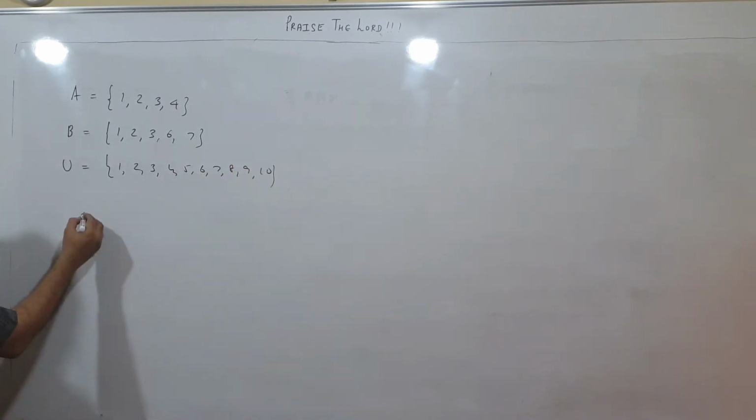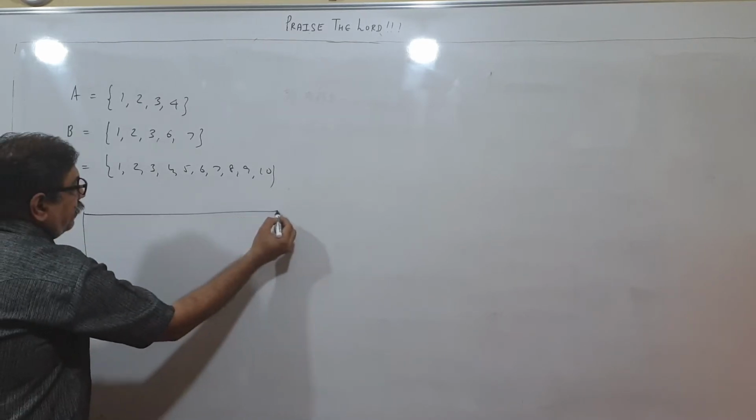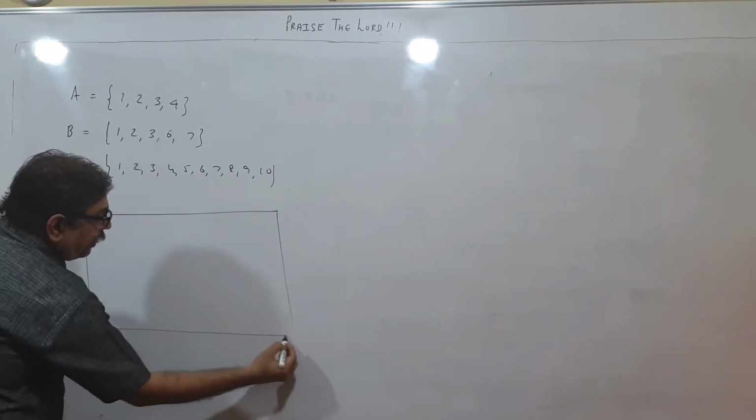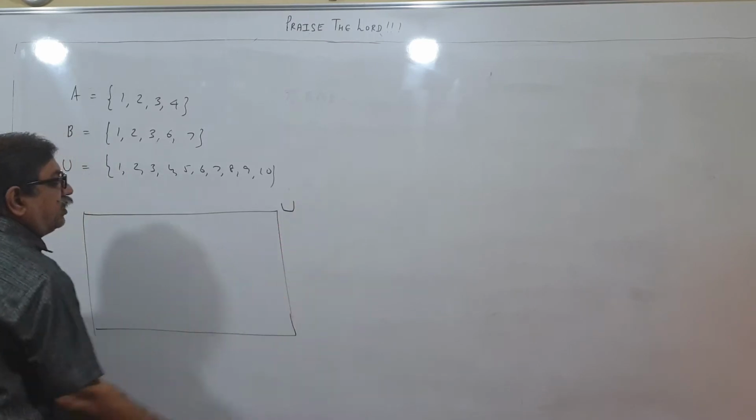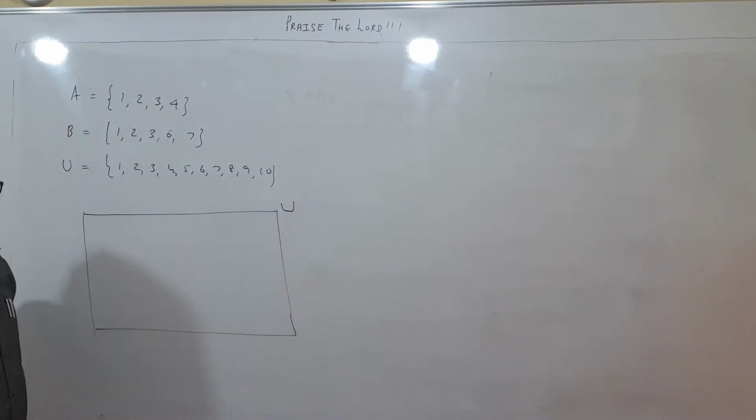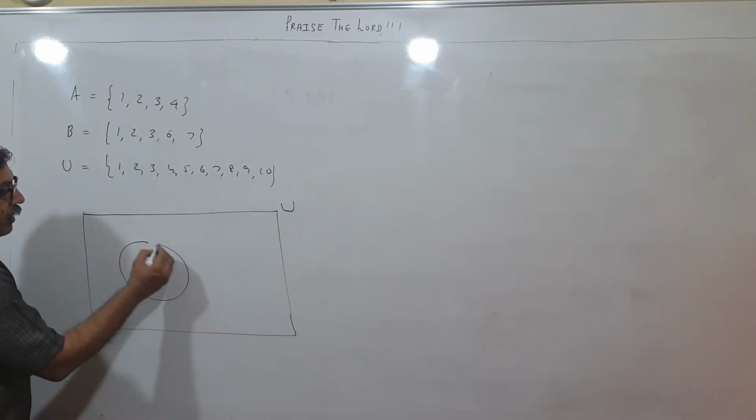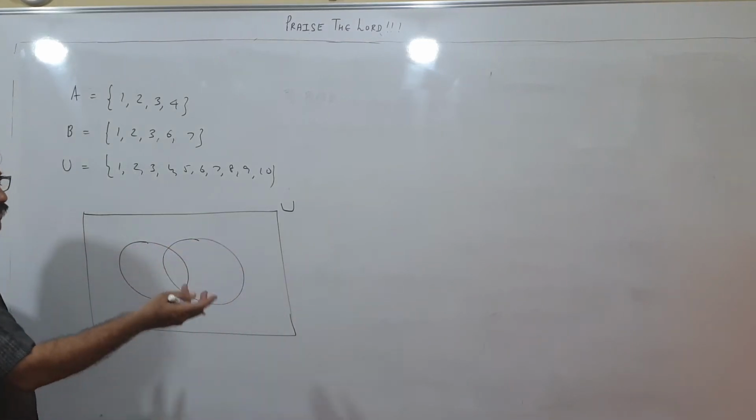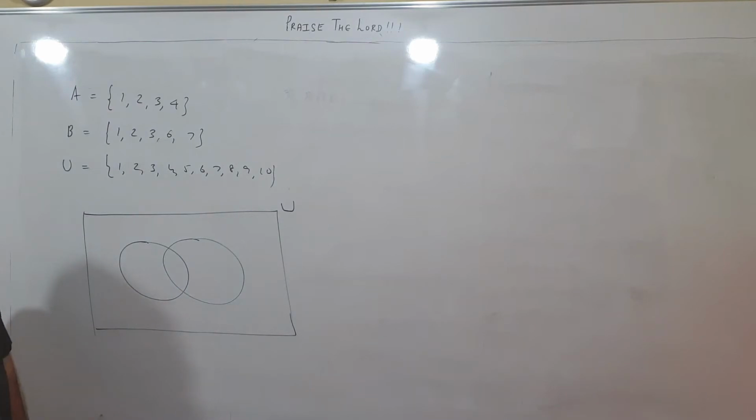So first of all, I draw in a rectangle a universal set. We draw a big rectangle, and this rectangle represents my universal set. We write U over here. I will draw sets A and B usually with circles, though they can be drawn in the shape of rectangles, squares, triangles, whatever shape you want, but preferable is circle, though not ruled by any mathematical rule. You can draw any shape.